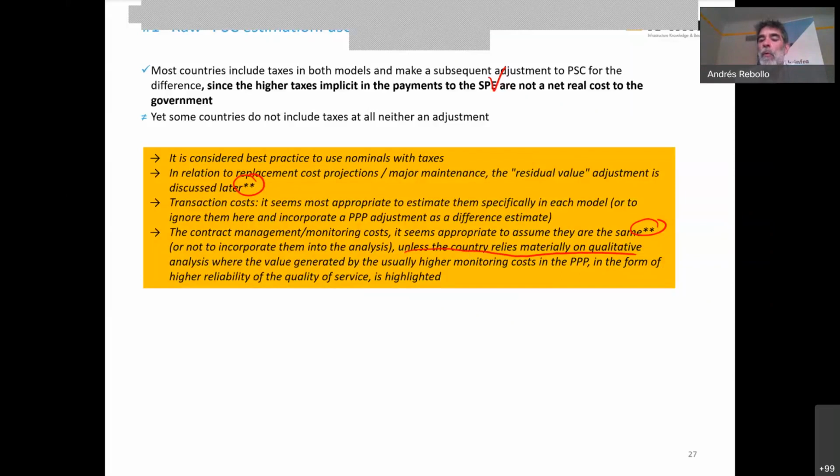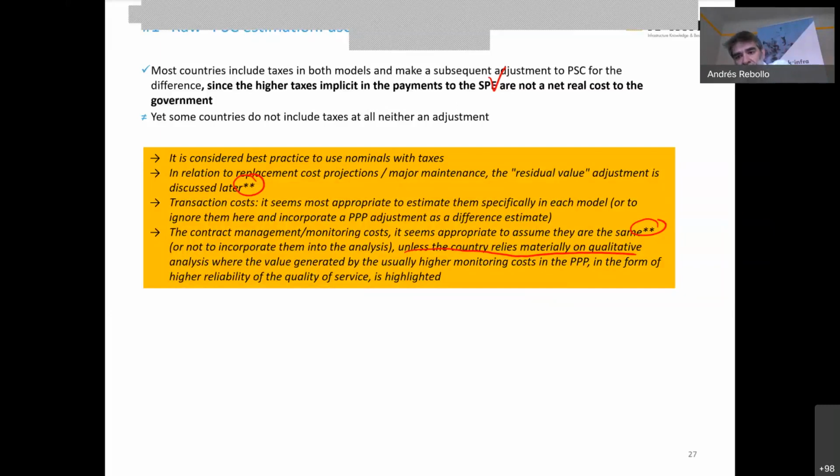Because generally speaking, the cost implicit in monitoring and contract management in the PPP is probably going to be higher for the government than in the other route. But it's not fair to penalize the PPP for something that is a mechanism that is creating value. It's value for money.